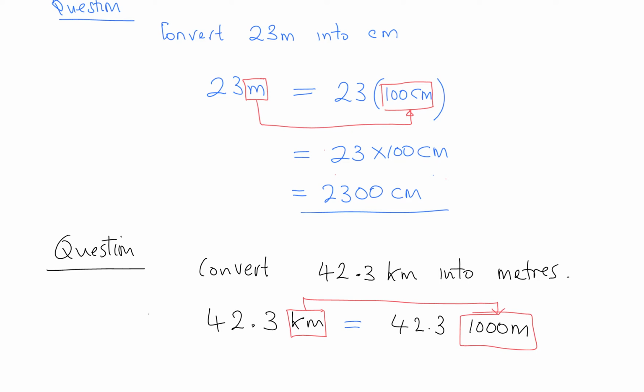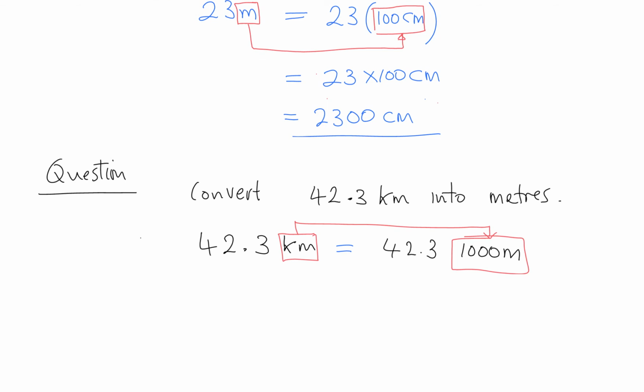So we have, this is equal to 42.3 times 1,000, which is 42,300, and then we must put our units, metres. So that's a very basic example. What we'll look at now is something a little bit more complicated. So this question's going to talk about areas and converting units of areas.